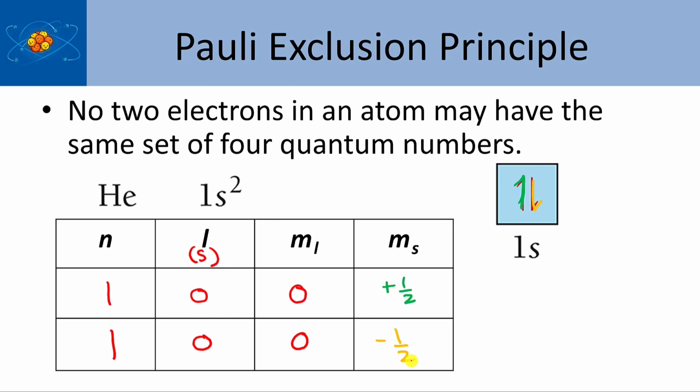So no 2 electrons in an atom may have the same set of 4 quantum numbers. If you try to add a third electron in here, let's say we add this one in purple, then it would have the exact same quantum numbers as this one, because it's spinning upwards and it's in a 1s orbital.